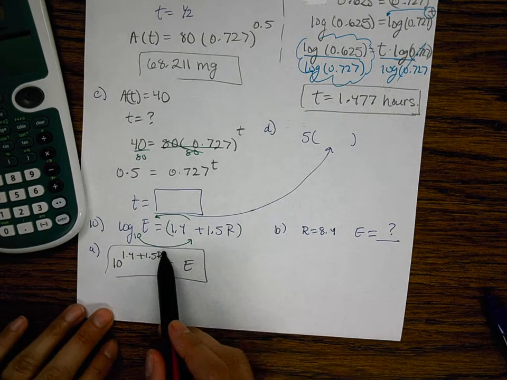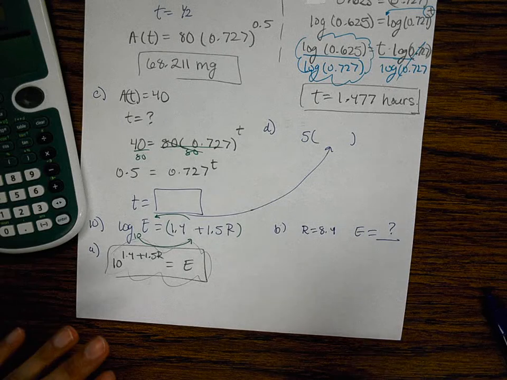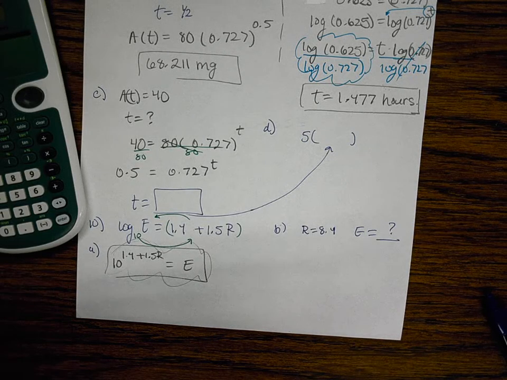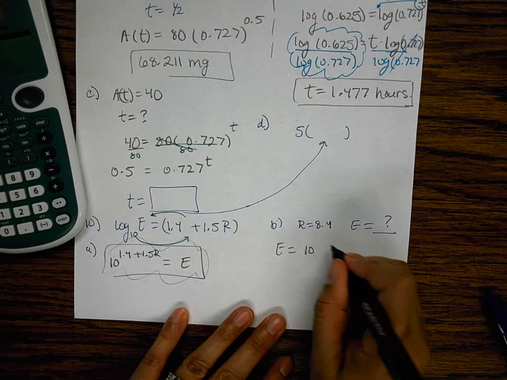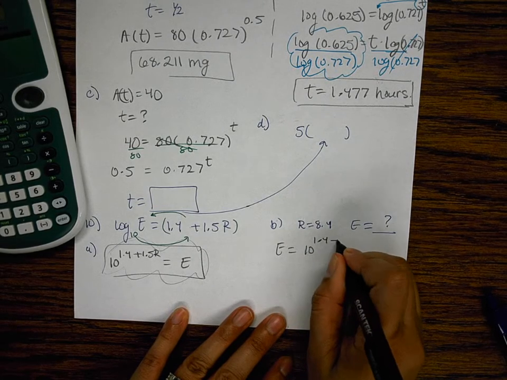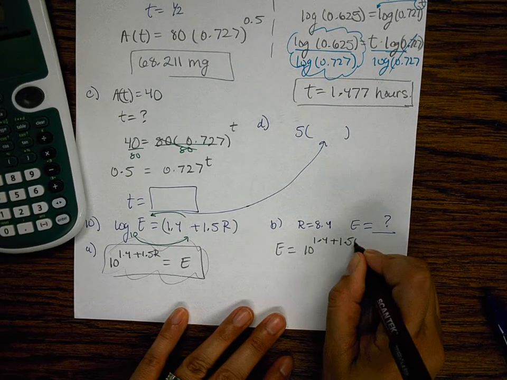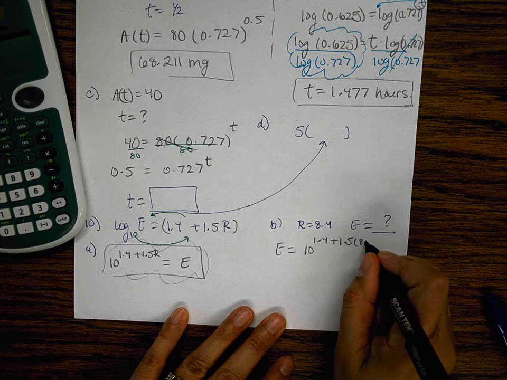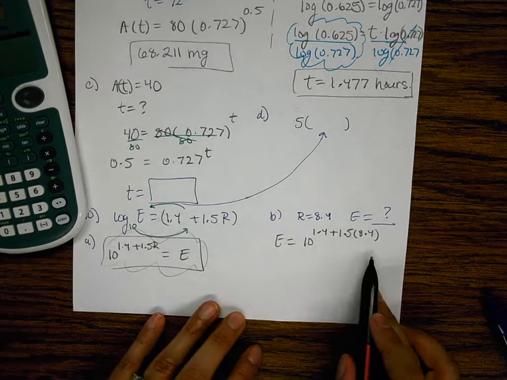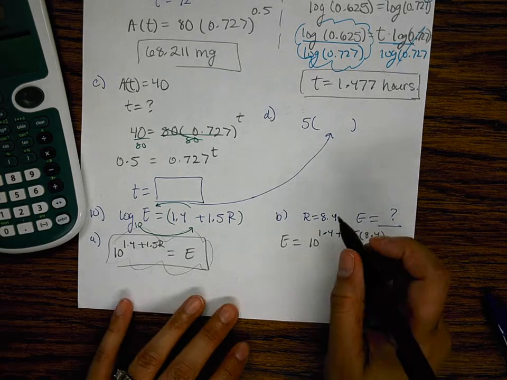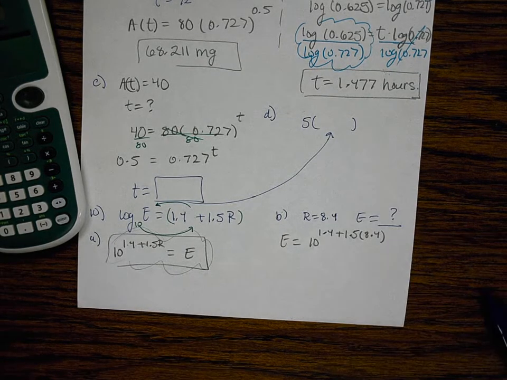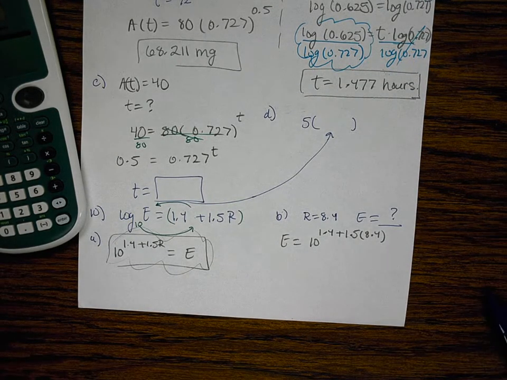I'm going to plug it into this one since I already have E by itself, and E is what I'm looking for. E equals 10 raised to the 1.4 plus 1.5 times R, which was an 8.4 on the Richter scale. And you just plug that in your calculator. Because it does come out to be a big number, just plug it in and check it against your answer key, and you'll see how it works.